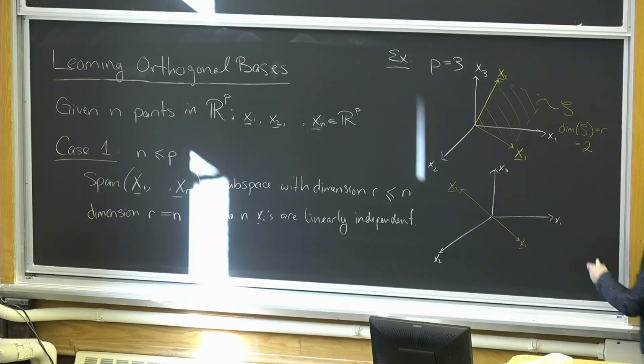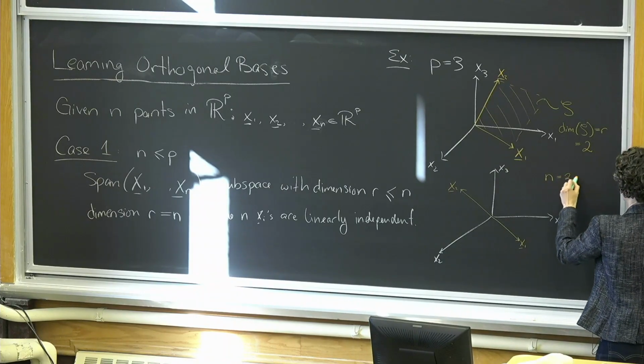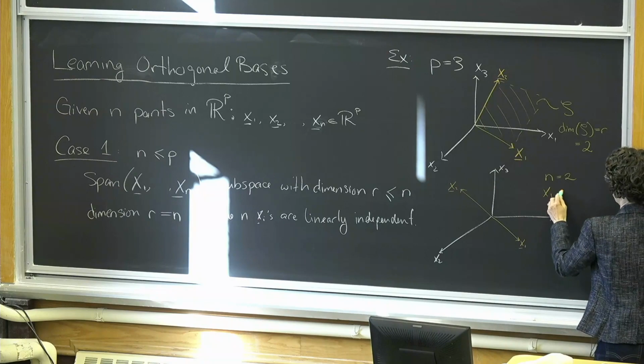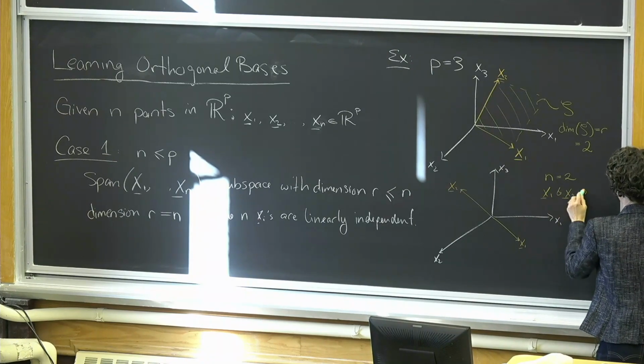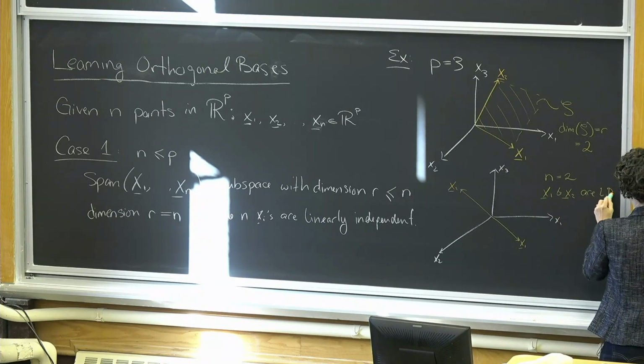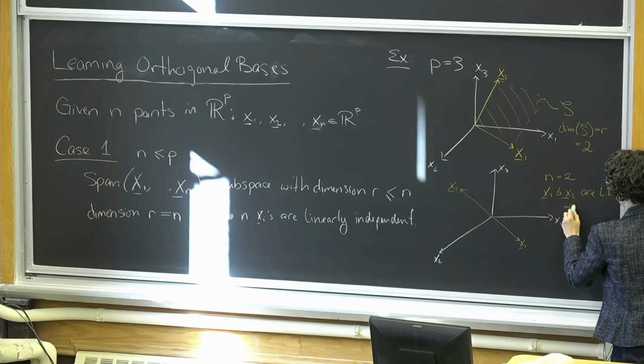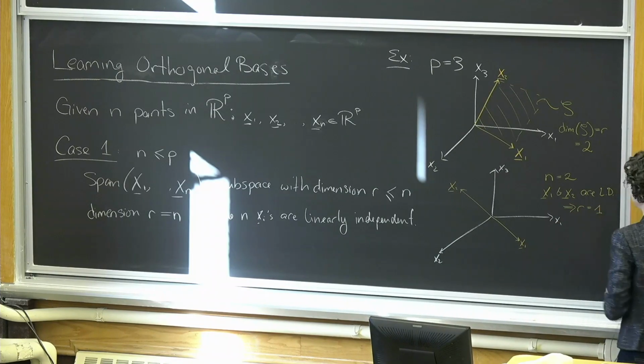So this is a case where n is equal to 2, but x1 and x2 are linearly dependent, and therefore R is going to only be equal to 1. We have a one-dimensional subspace in this case. Any questions about this case?